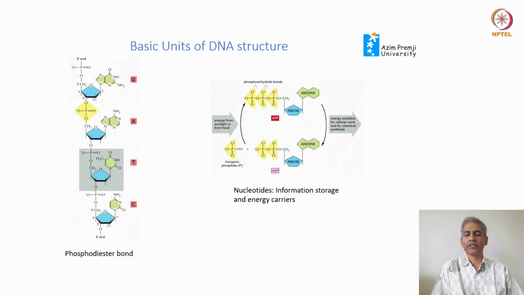But the other main function of nucleotides is that of energy carriers. Shown here is ATP, and cleaving the phosphate bonds leads to a release of energy, which is used to catalyze reactions within the body.